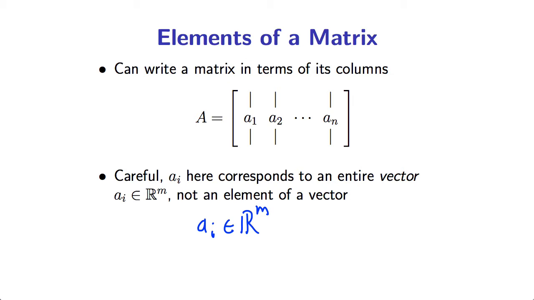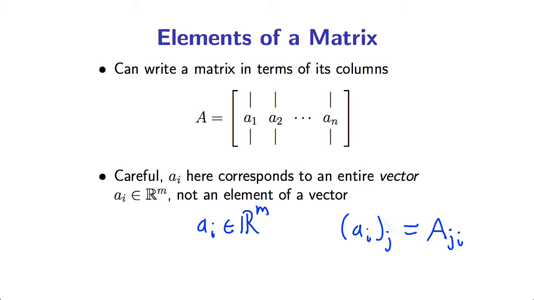This is in contrast to what we saw before, where the subscript i would denote an element in a vector. If we want to refer to a particular element in this vector, we're going to write Ai with parentheses around it, subscript j. And by the way, this would be equal to Aji because it is the ith column. Ai represents the ith column of this matrix, and the jth row.